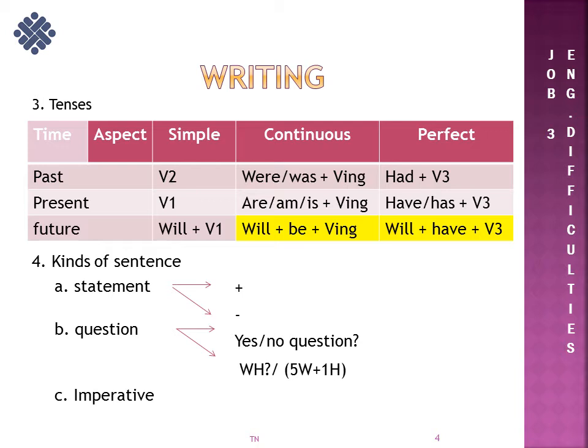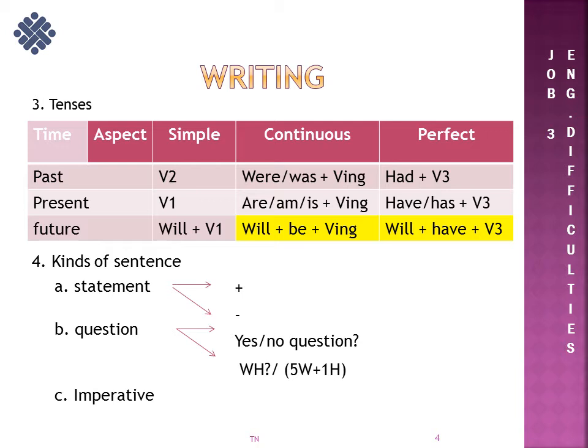First is about statement sentence. There are two kinds of statement sentence. First is positive and second negative statement. Second, about question sentence. There are two kinds too in question sentence.